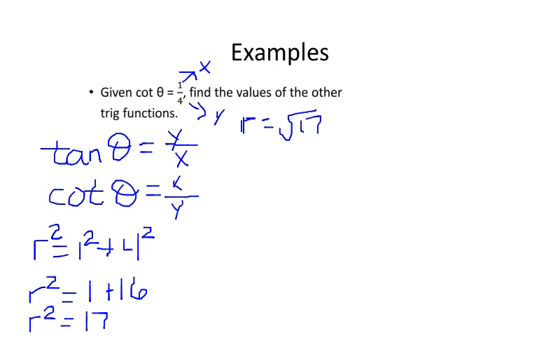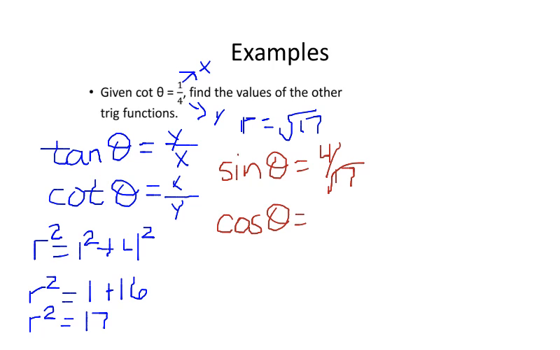So for our other trig functions, that means that sine of theta is equal to 4 over the square root of 17. And cosine theta is equal to 1 over the square root of 17. Tangent theta is 4 over 1, or just 4.